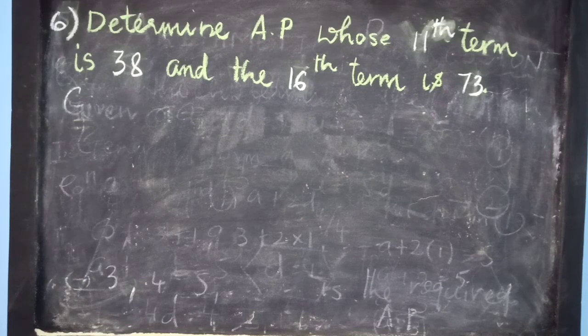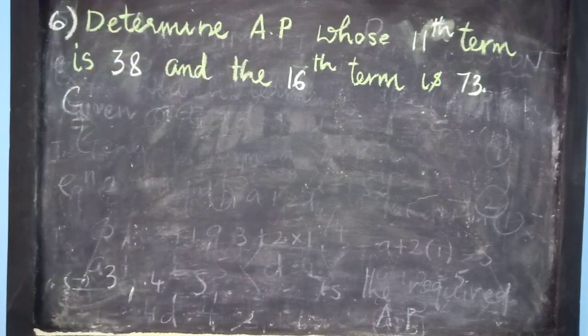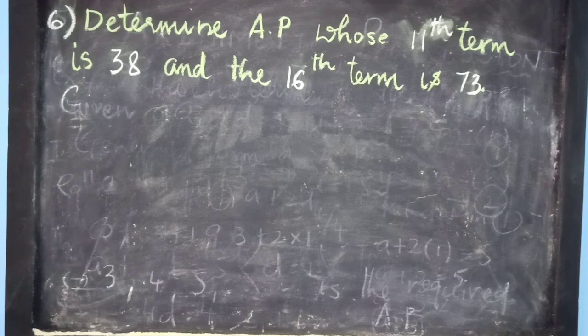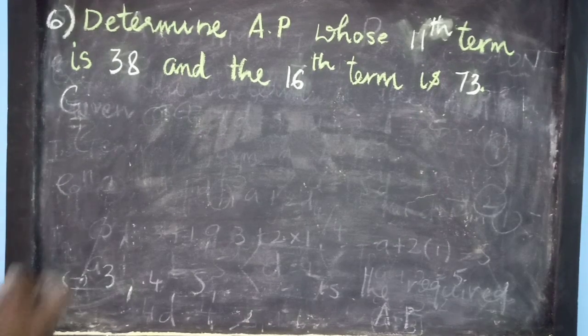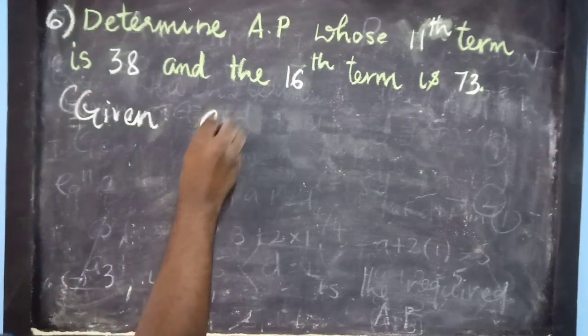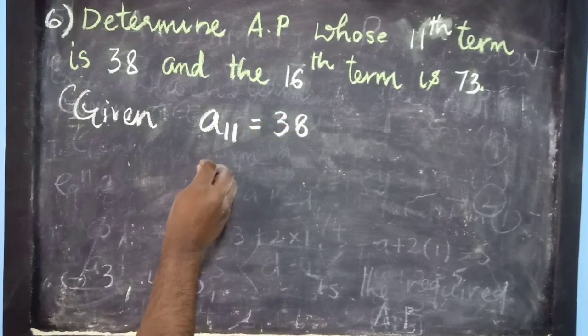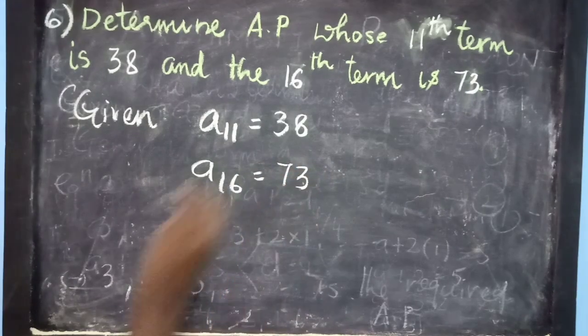Student, sixth question, a similar problem as fifth. Determine AP whose 11th term is 38 and the 16th term is 73. What is given? From the question I can write 11th term, that is A11 equals 38. Then 16th term, that is A16 equals 73.